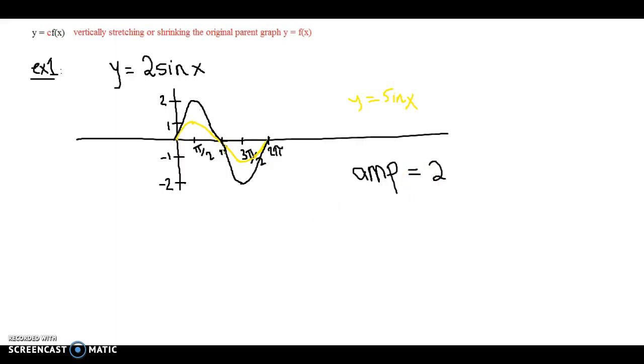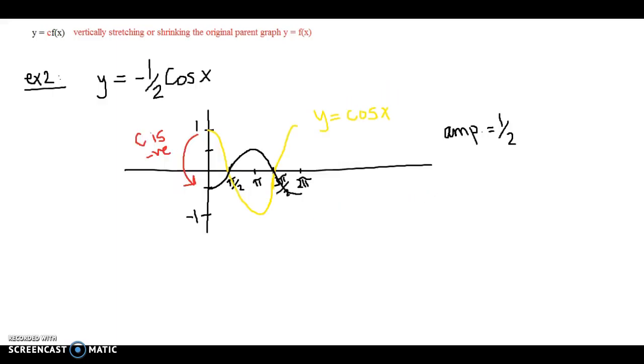Let's look at another example. If we look at y equals negative half cosine x versus y equals cosine x, we'll see that because c was negative, there is a reflection of the graph across the x-axis. So instead of having the point at 0, 1, where normally cosine is, now it's reflected down across the x-axis.